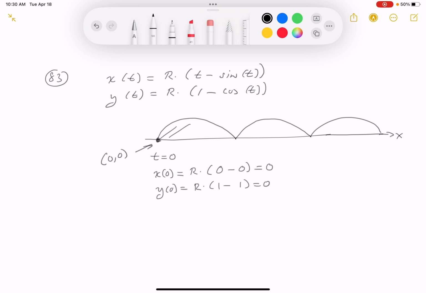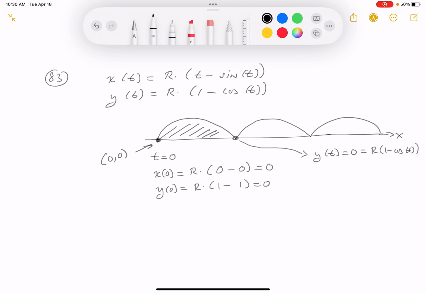And what I want to do is I want to march along, and I want to figure out where it stops over here. Now, what's convenient from here? I don't know what the number is yet. I'm going to say what I do know. I know y evaluates to 0. So when I start thinking about it, I'll write this down. So y of t is equal to r times 1 minus cosine of t.